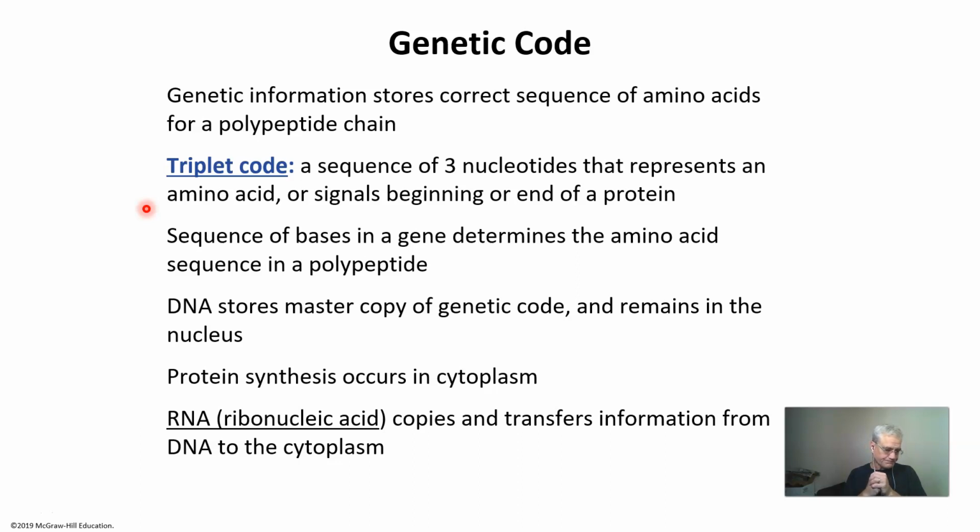So what that means is you have to have a sequence of DNA that is able to code for at least 20 amino acids. Well, if it's one base to 1 amino acid, that's only 4 amino acids. That's not good enough.